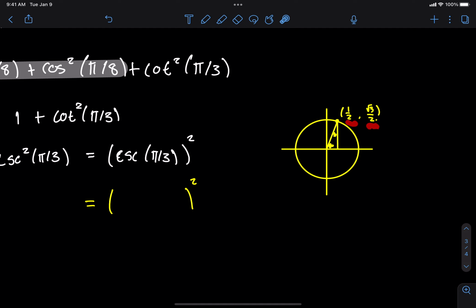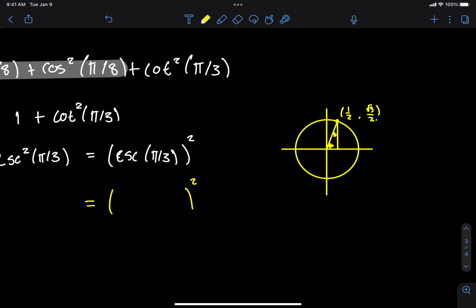What should I do with the x and y value? Divide x by y? Actually, no. Oh wait, no, I was thinking cotangent. We're doing cosecant here, which is 1 over sine, which is 1 over y. Yes, you're correct.